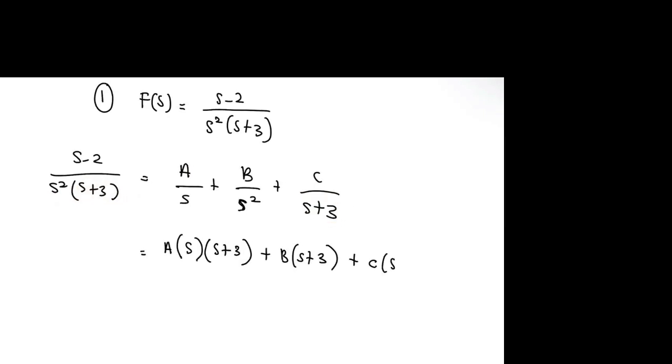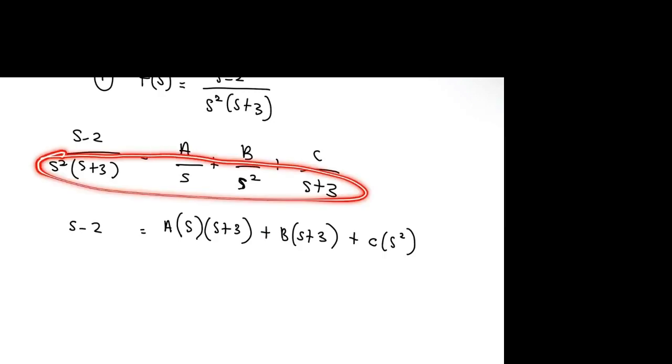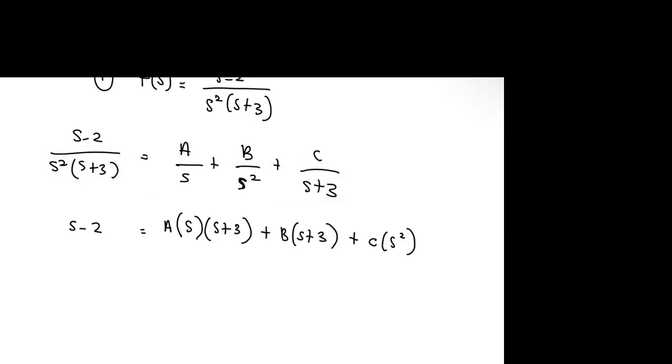Here I just make it simpler. I don't need to rewrite this again, because I know that if I expand this one, I will get s minus 2 equal to this: A times s times s plus 3, plus B times s plus 3, plus C times s squared.